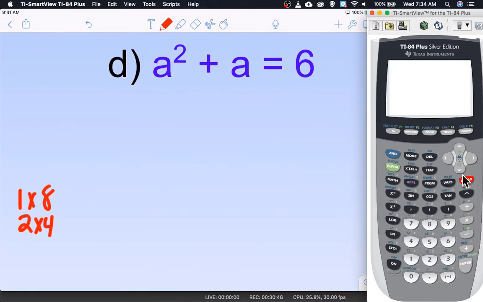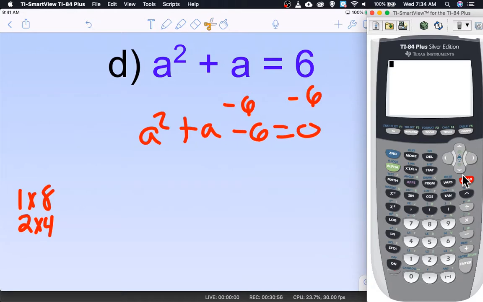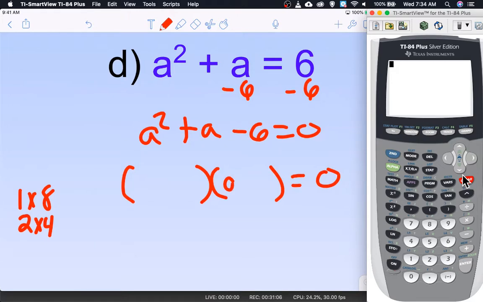Letter D. You subtract 6 on both sides. You've got a squared plus a minus 6 equals 0. Then we know it's going to be a and a.